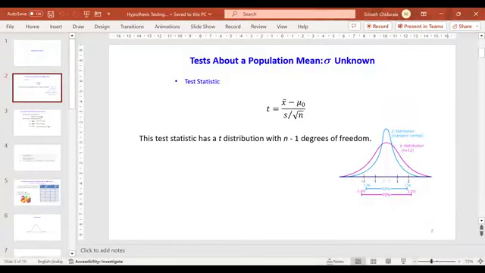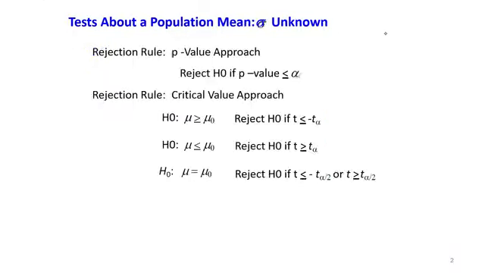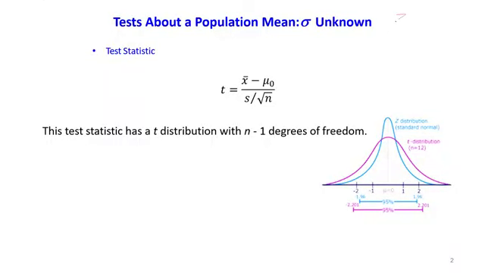Now, the second scenario where the sigma is unknown. Instead of the Z distribution, we go with the T distribution. In the previous test, the sigma was known to us and we went with the Z distribution, and those kinds of hypothesis tests are called Z tests.